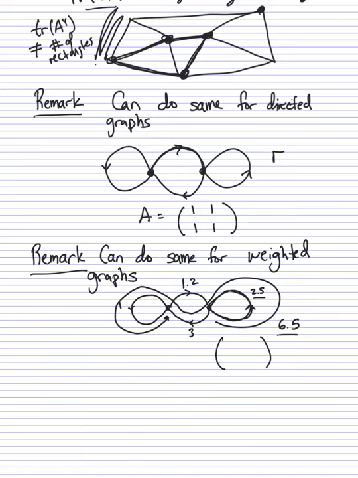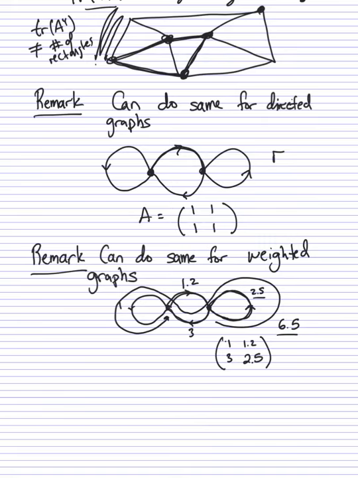So here the matrix would be 1, 1.2, 3, 2.5. If you want to get from vertex 1 to vertex 2, I hope I did this right, you're supposed to go along 1.2, but it takes 3 to get back. And then if you want to count the number of paths of weight less than 1,000 or something, you can work that out.